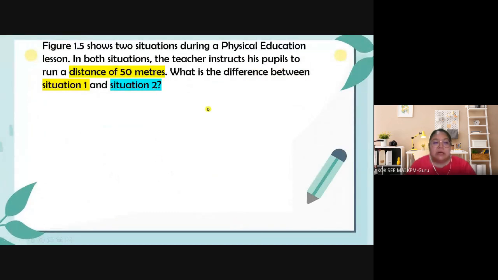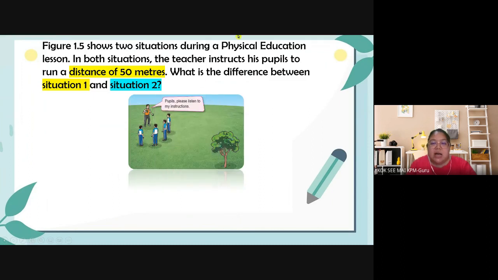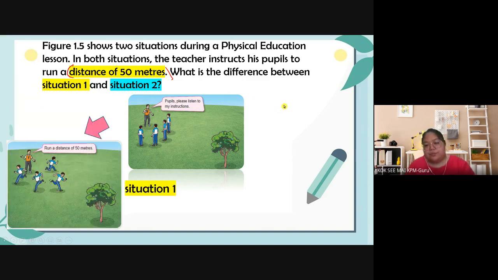For example, figure 1.1 and 1.5 show the situation during a physical education lesson. In both situations, the teacher instructs his pupils to run a distance of 50 meters. Okay, like we run 50 meters. What's the difference between situation 1 and situation 2?